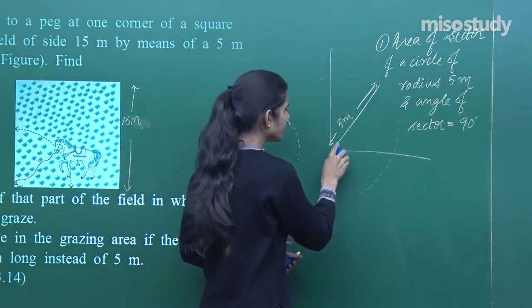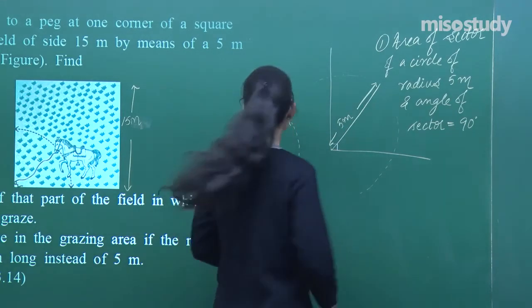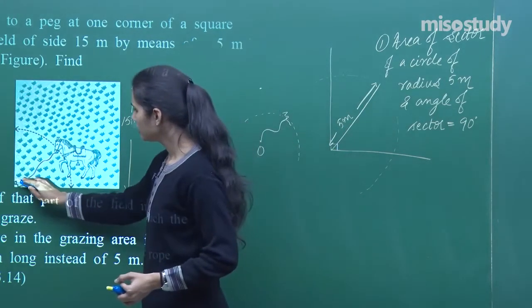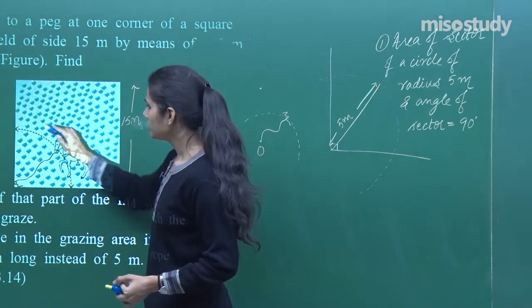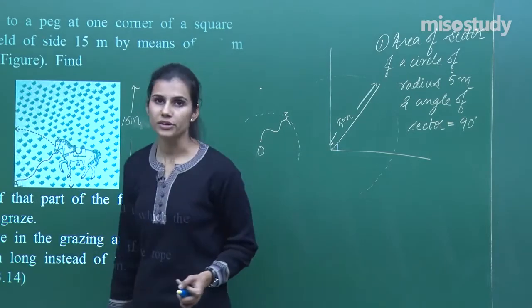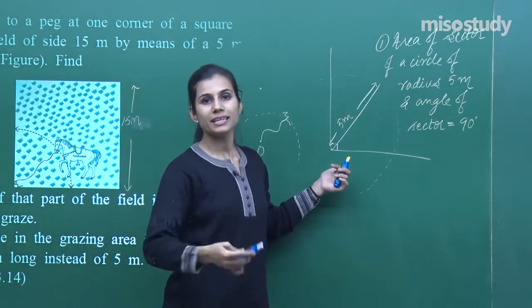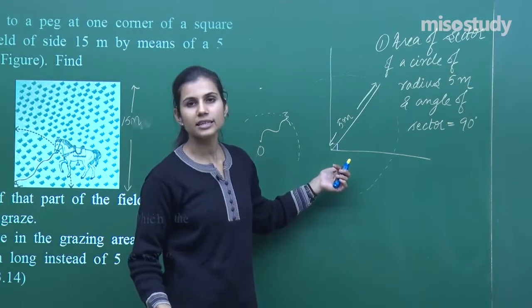So this angle will be 90 degrees because we are in a square. So obviously this angle is 90 degrees, and if you only consider this much portion, it is a quadrant. So here you can see what is the maximum area in which the horse can graze in that square field.